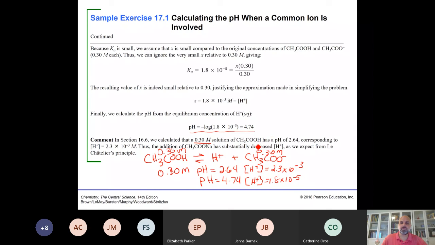So you can see adding this additional acetate ion has a huge effect on our proton concentration. We're shifting the equilibrium very far to the left, and by two orders of magnitude, from 10 to the minus 3 to 10 to the minus fifth, we're decreasing the proton concentration. We're talking approximately 100 times fewer protons in solution by simply adding a 0.30 molar solution of the sodium acetate.